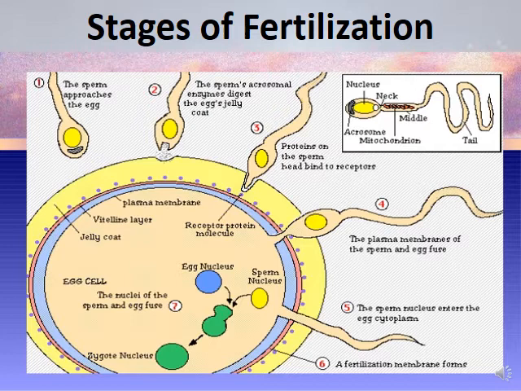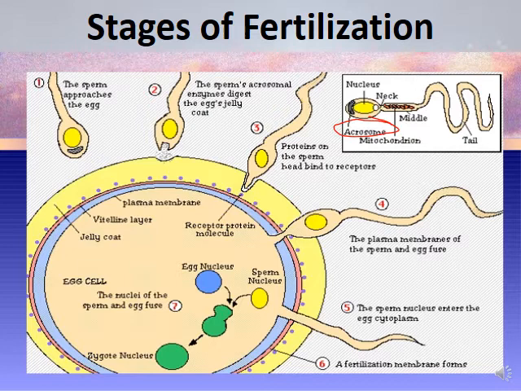Steps of fertilization: the sperm cell will approach toward the egg. The sperm cell releases acrosomal enzymes that are found at the acrosome. This is the acrosome, a structure of the sperm cell. The proteins on the sperm head bind to the receptors. The plasma membranes of the sperm and the egg fuse together.